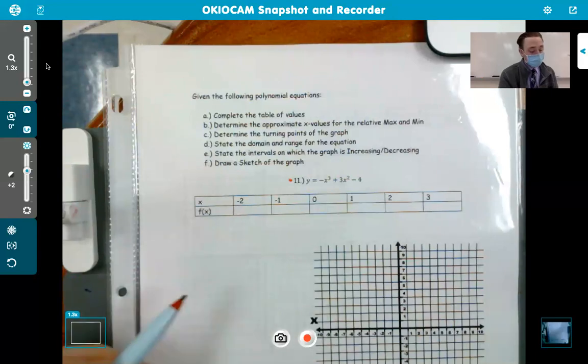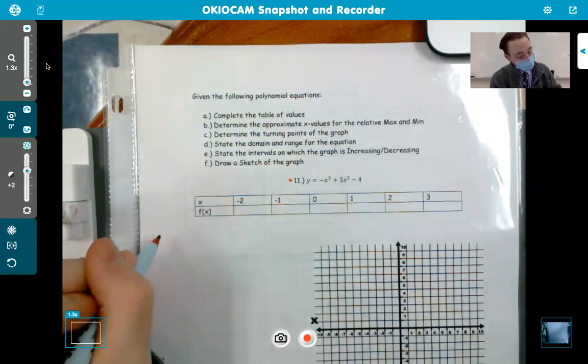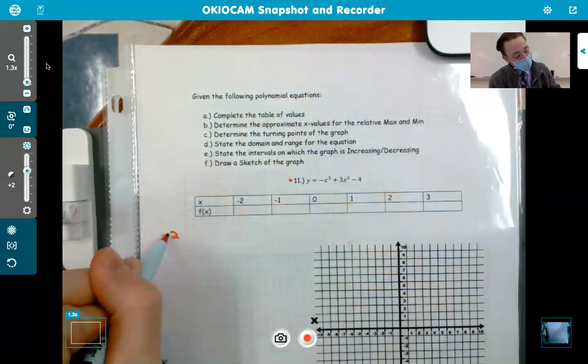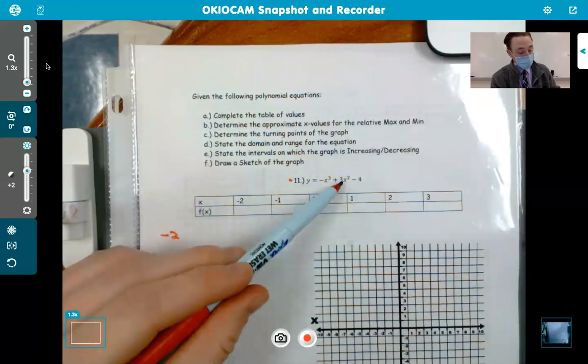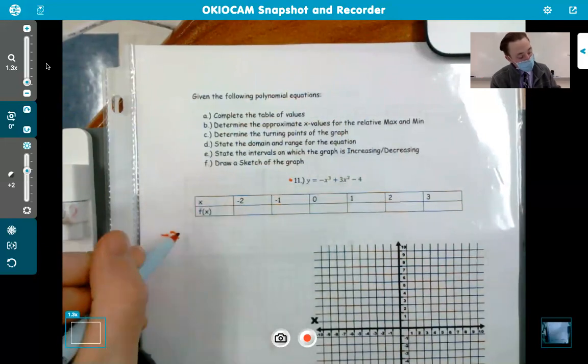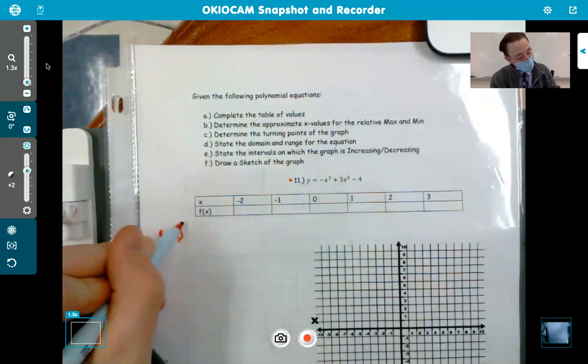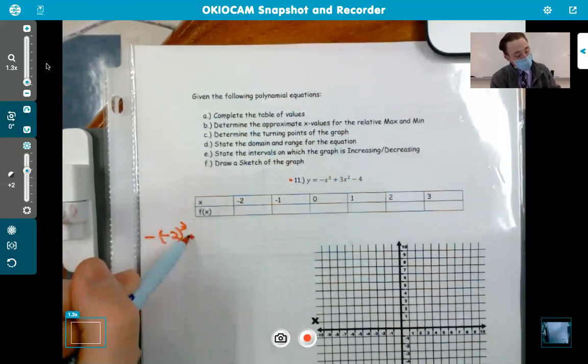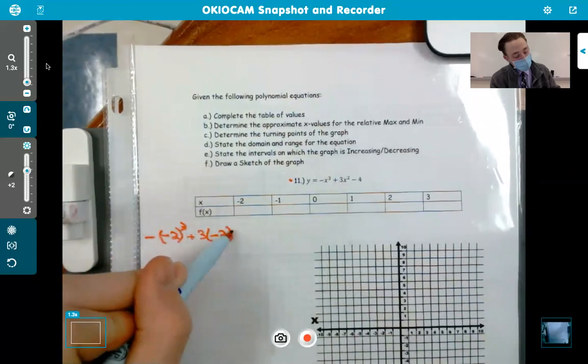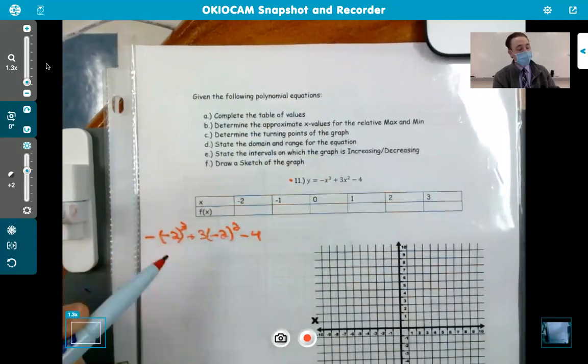So the first thing we'll do is plug in those values. Be really careful about plugging in negative values, especially when you have a negative in front, right? My equation is negative x cubed plus 3x squared minus 4. Well, that's negative 2 cubed, but I have that negative sign out in front. Then plus 3 times negative 2 squared, then the minus 4.